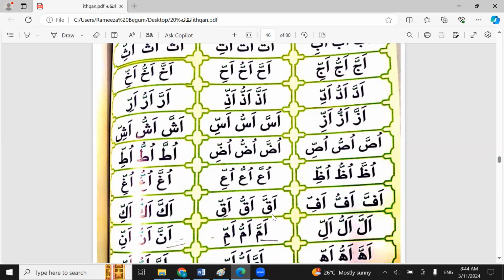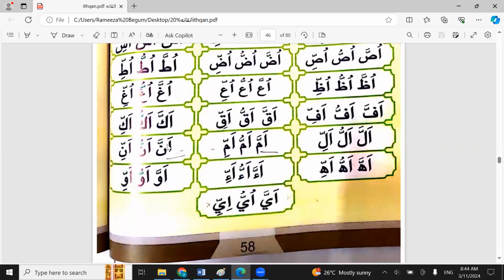This will have an echo-like sound. Aqqa, aqqu, aqqi. Akka, akku, akki. Alla, allu, alli.